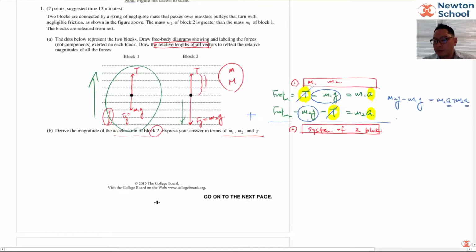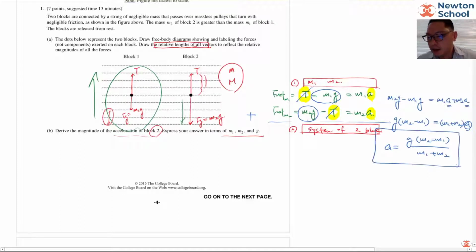So if you factor g on the left side, you get g(M2 minus M1) equals (M1 plus M2)a. So I'll change the side: the acceleration will be g(M2 minus M1) over (M1 plus M2), right? So that's how you find the acceleration.